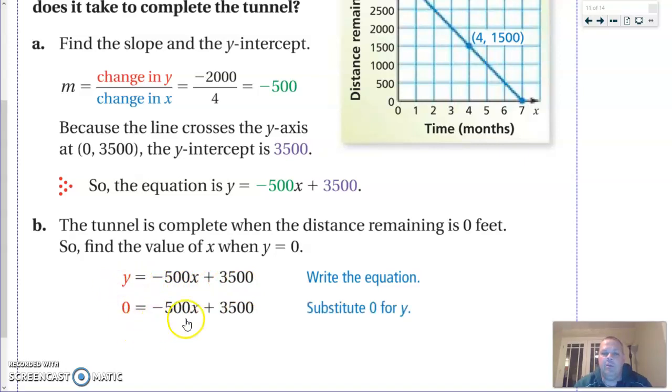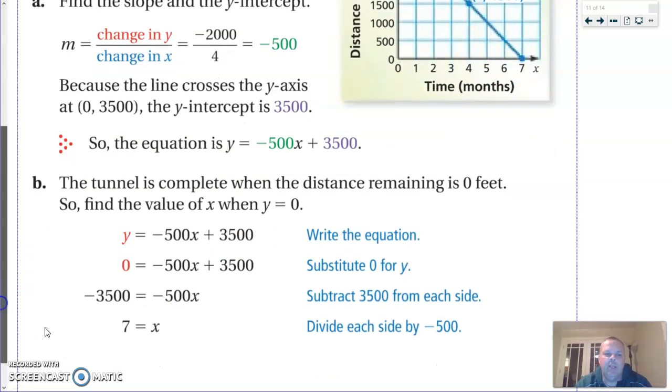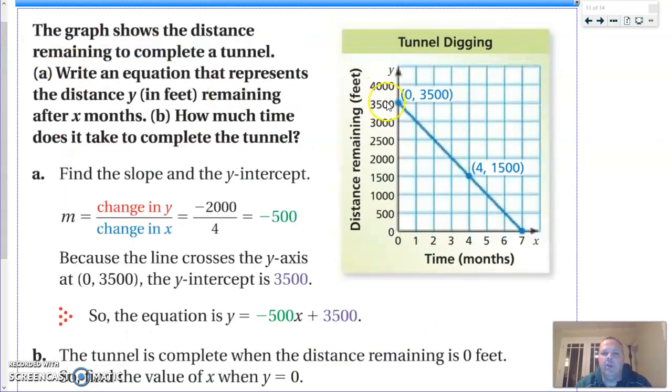Substitute that 0 in, because we're looking for that 0, and then we're going to subtract 3,500 and divide by negative 500, and we will get x equals 7. And in our graph, you can see that x equals 7. So what does that mean? It means it will take 7 months to complete the tunnel if the tunnel was 3,500 and our slope is negative 500. You can see down 500 over 1, down 500 over 1.